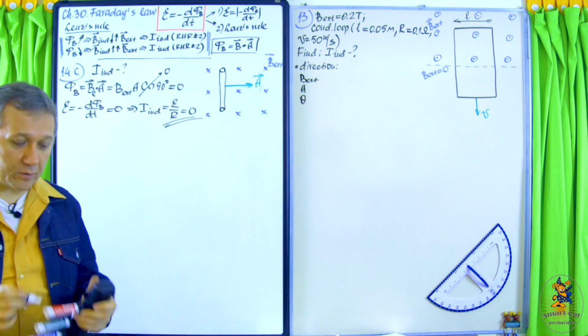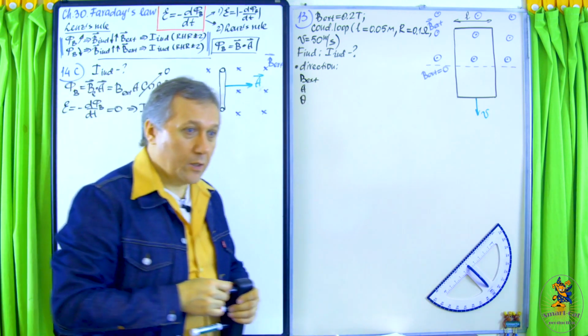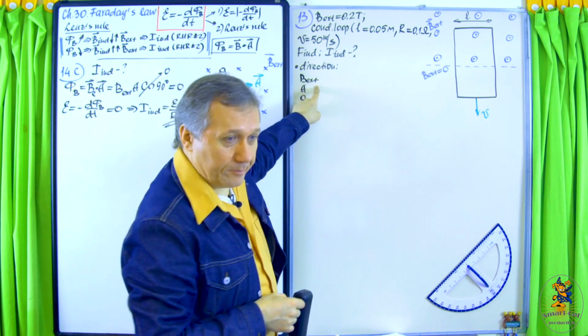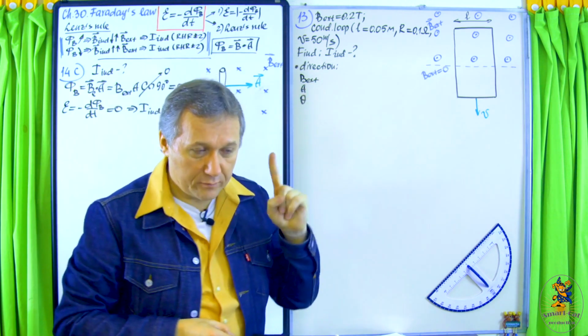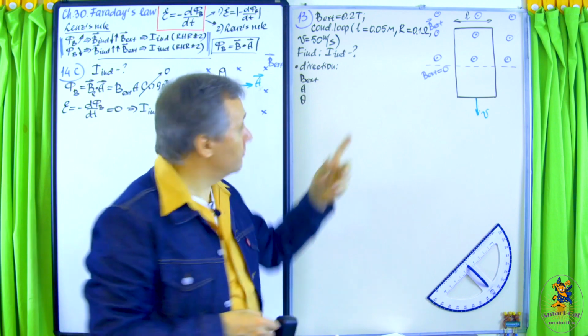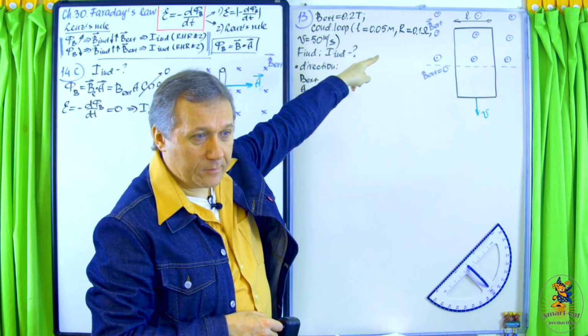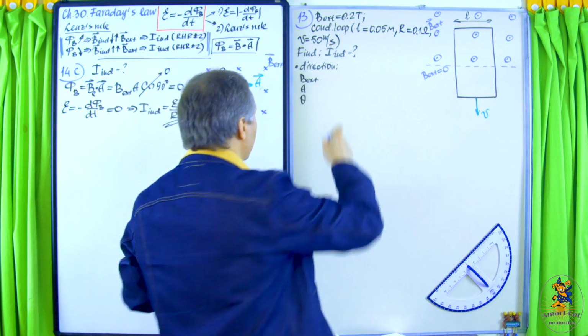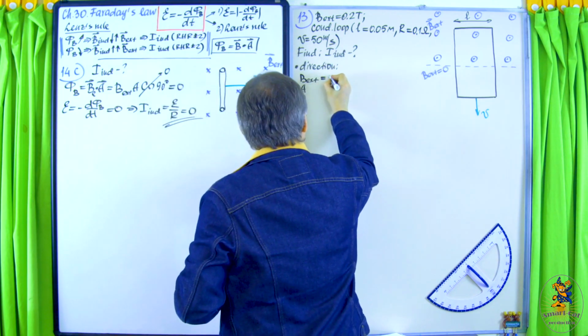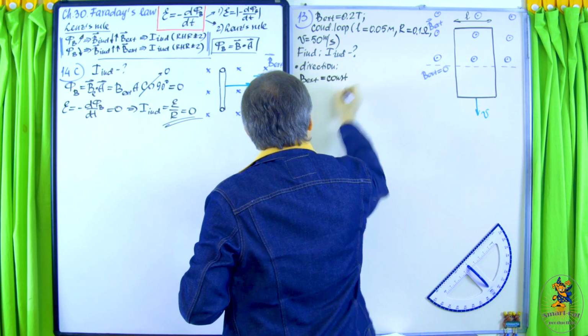Let's analyze all of these parameters. B external, what can you say about its value? 0.2 Tesla. It's constant, so the magnetic field doesn't change.